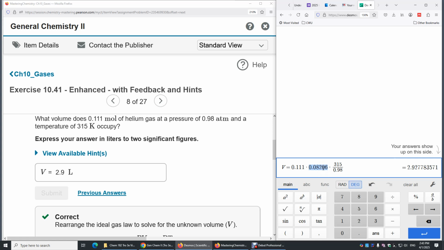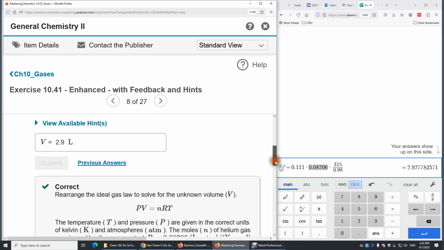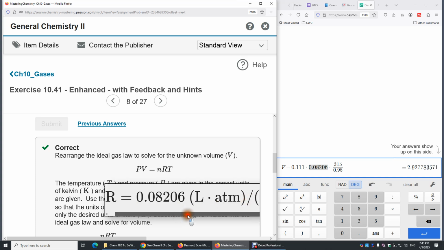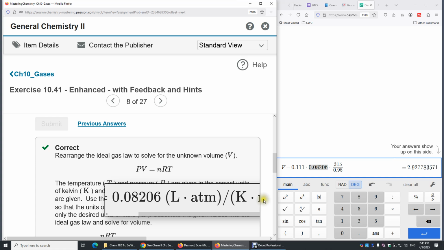Because 1 atm times 1 liter is 101.3 joules, if you want to use a different unit, joule over mole K, this value should be 8.31446, which is this number times 101.3. Let me show you the value of R here. So this is the value of R, 0.08206 liter atm over Kelvin and mole.